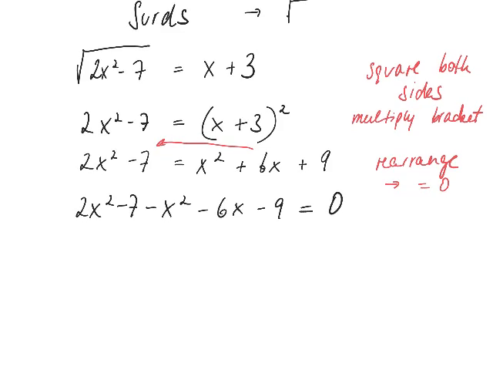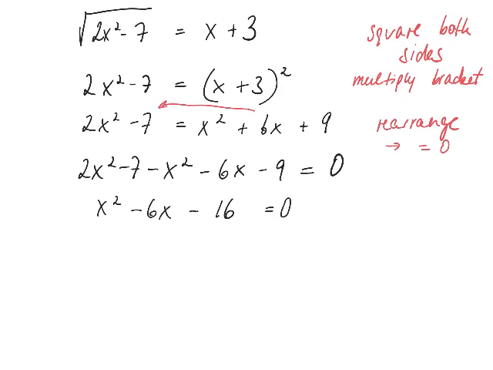Okay, I simplify it. 2x squared minus x squared is just x squared. Then I have the minus 6x. And then minus 7 minus 9 gives me minus 16, equals 0.